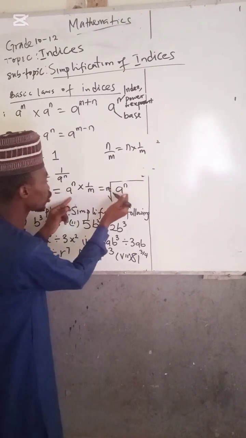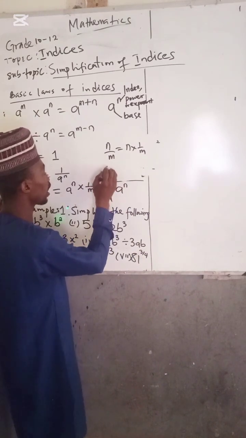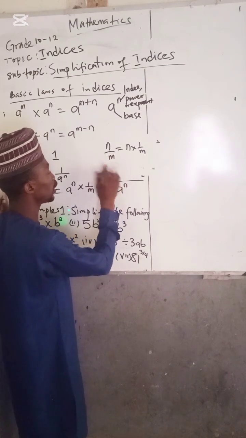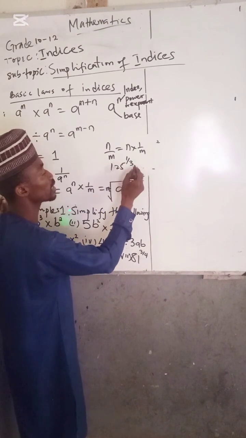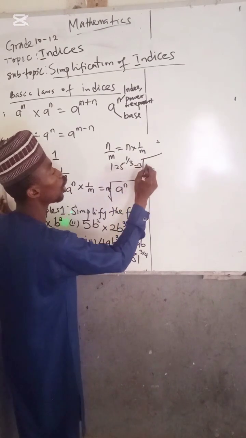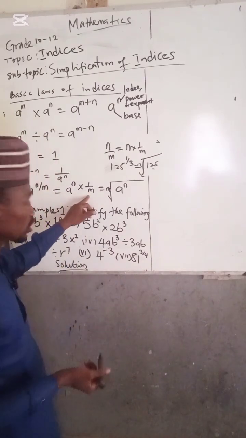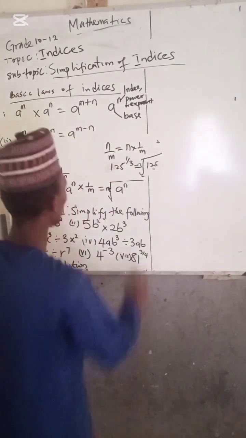So remember, 125 raised to power 1 over 3 is the same thing as the cube root of 125. That's what we've demonstrated here, and I believe we understand.